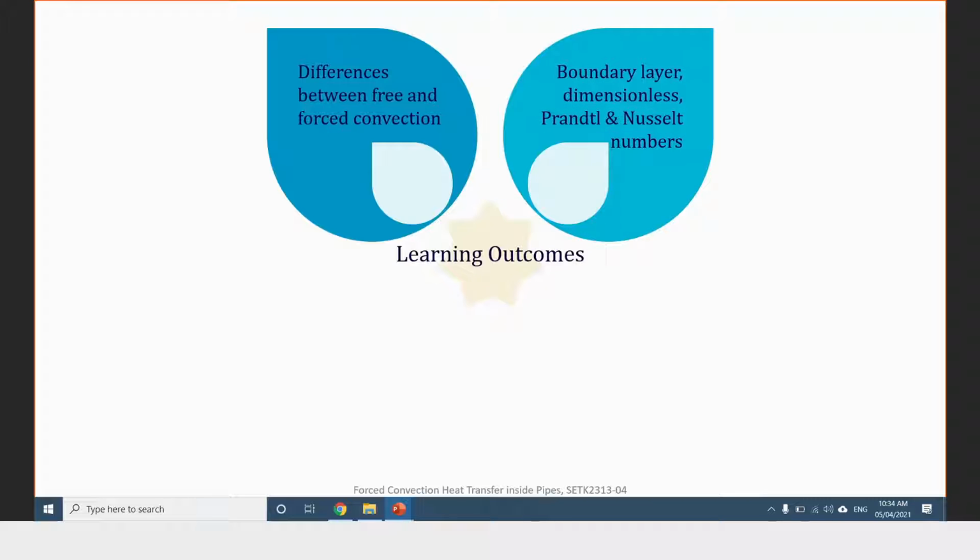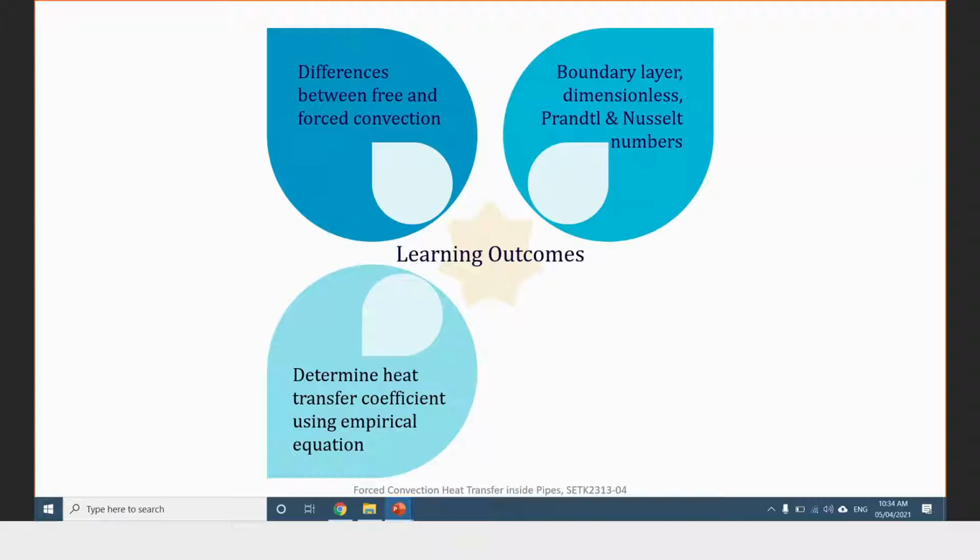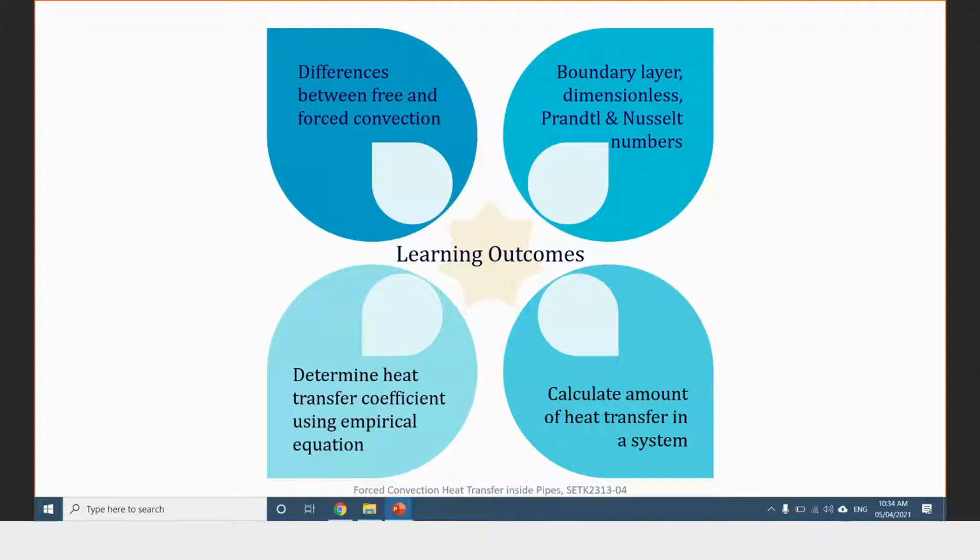We will also mainly talk about the boundary layer, dimensionless numbers, Prandtl numbers, Nusselt numbers, as well as Reynolds numbers. These are all dimensionless numbers. Later we will determine the heat transfer coefficient h using different empirical equations, and finally calculate the amount of heat transfer in a system.